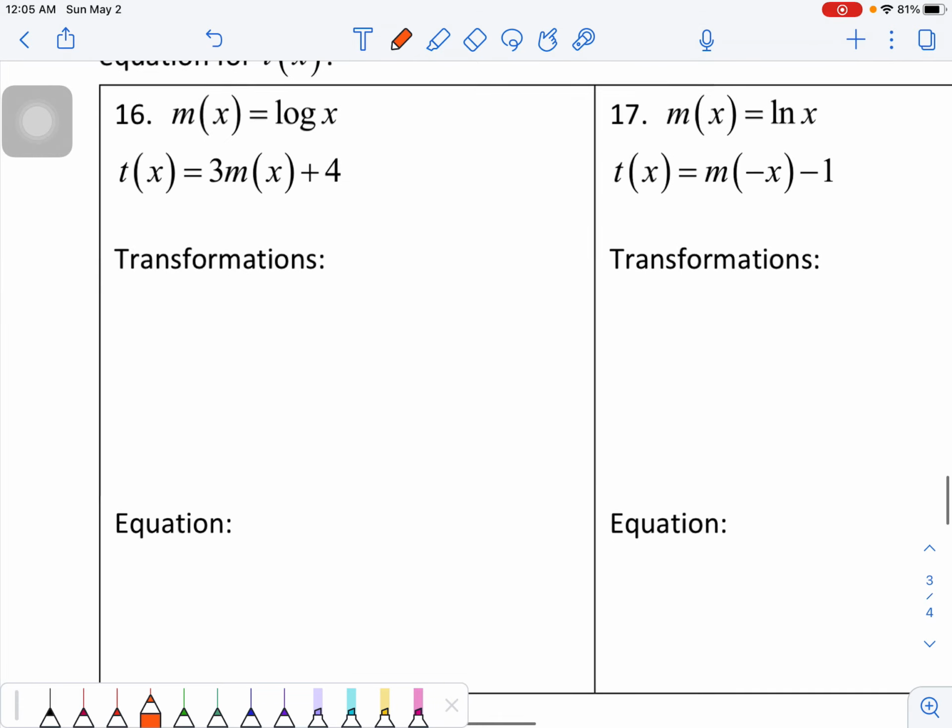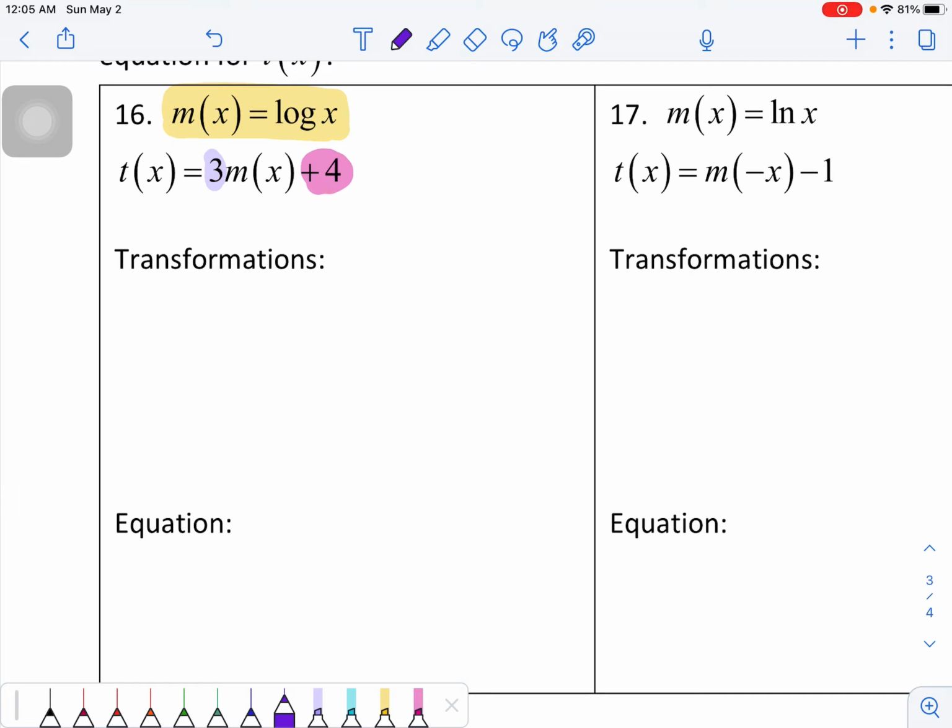All right, so number 16, let's go ahead and zoom in. First things first, we have m of x is equal to log of x. Remember, that's the same thing as log base 10 of x, but you get to be a little bit lazy and not bother writing the base 10 if that's what you've got. So what's different? We've got a 3 here, and we have a +4 right there.